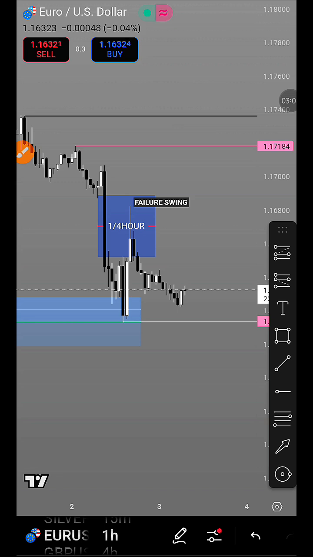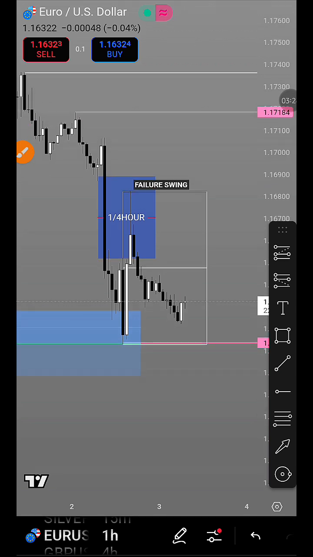You want to see price put in that failure swing, and then from there you want to see price basically retrace to OTE like that, and you don't want to see this internal 1-hour bullish FVG get taken, right? Let's just say higher time frame internal swing.